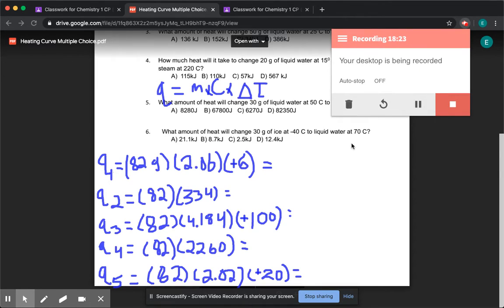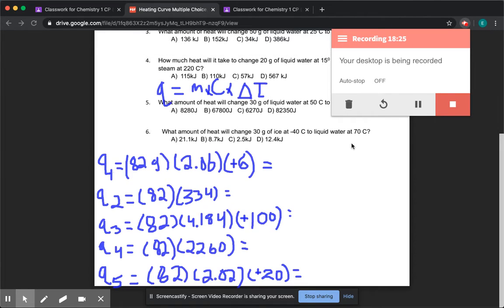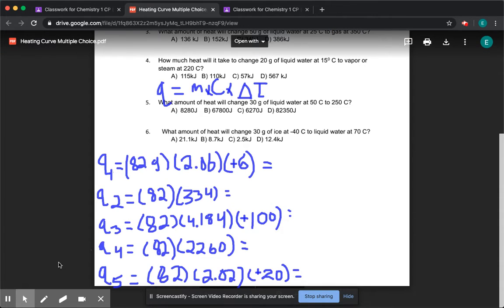Okay. I'm back. So 82, 2.06. So this is going to be 1,013.5. I'm just going to round it to one decimal to save time. 82 times 334.